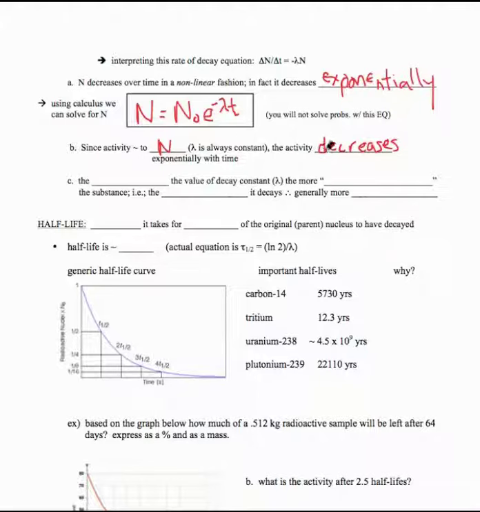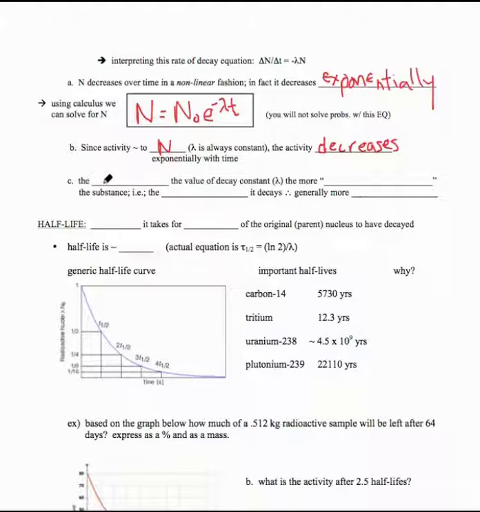It's an exponential drop. So to summarize, N drops with time exponentially, activity drops exponentially with time, lambda does not change whatsoever. The probability that decay is going to occur, which lambda is an indirect measure of, is going to stay the same.